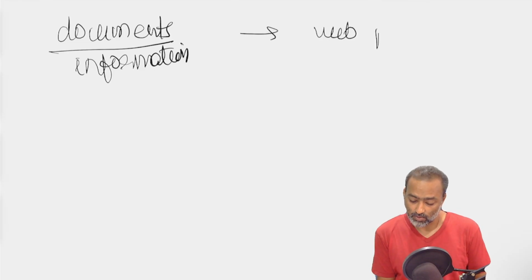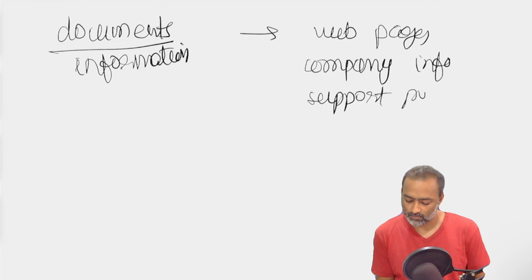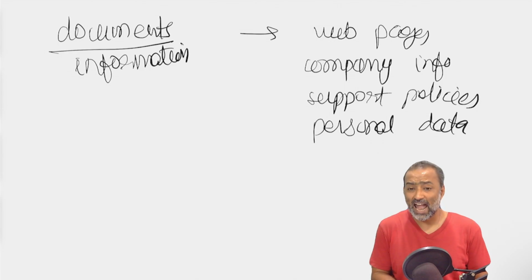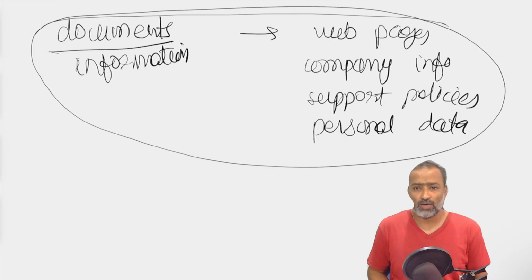Let's say web pages, company information, support policies, your personal data, anything. All these things can be considered as information, and anything outside of this as well, which can be fed to the AI as information or a source of truth basically.